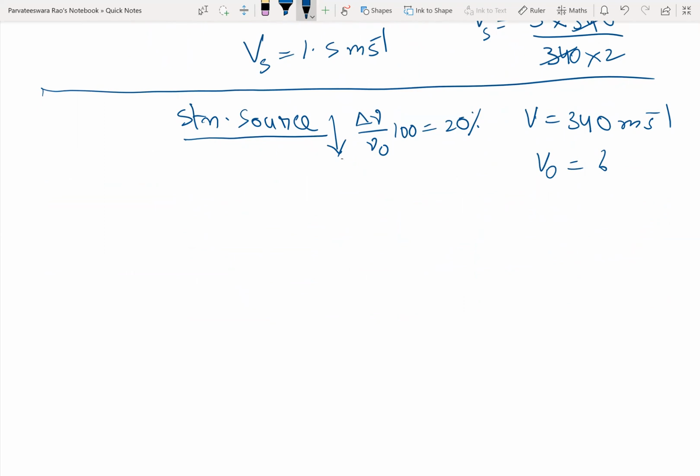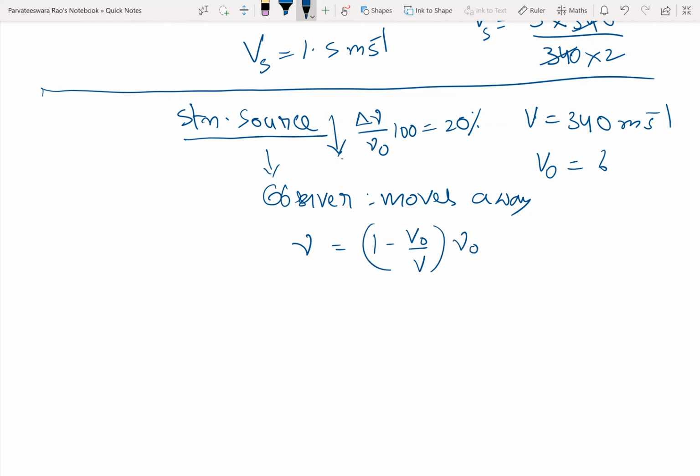So frequency decreases means observer moves away. When the observer is moving away, the frequency formula is 1 minus V naught by V into nu naught. Even I gave the formula for it.